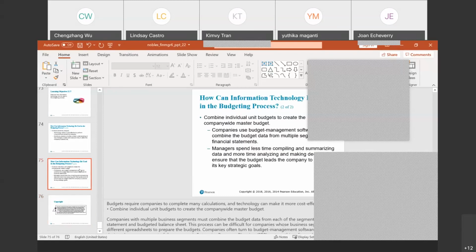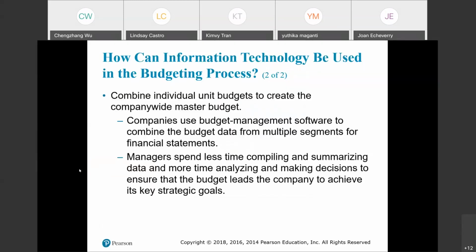So, whether at headquarters or on the road, top executives can log into the budget system through the internet to conduct their own sensitivity analysis on individual business segments' budgets or on the company-wide budget.